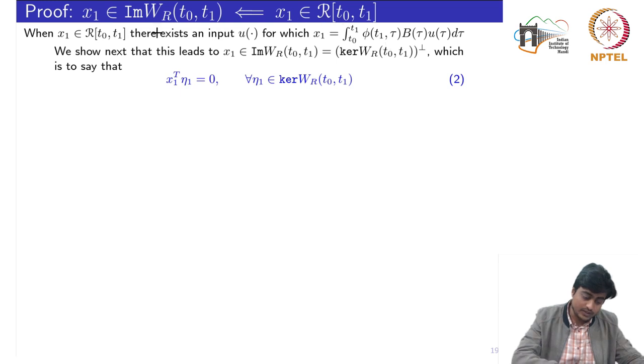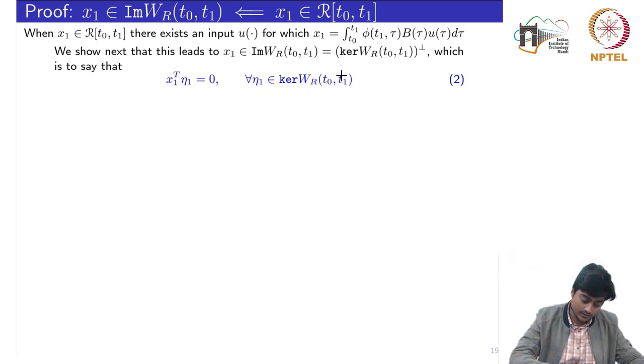Okay, so now given this, we need to prove this, and proving this is equivalent to showing that this equation is being satisfied for all etas belonging to the kernel of WR.